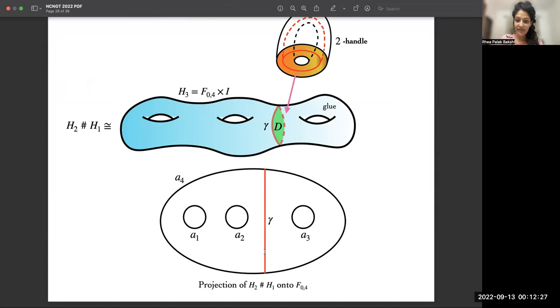And we keep track of the fact that we have gamma along which our two handle was attached. So in this case, we have H2 connected sum H1, which is exactly H3 with the two handle attached. So we project it onto the disk with 3 holes, keeping track of the fact that we have a two handle attached along this curve gamma.